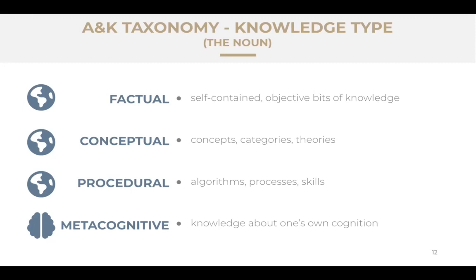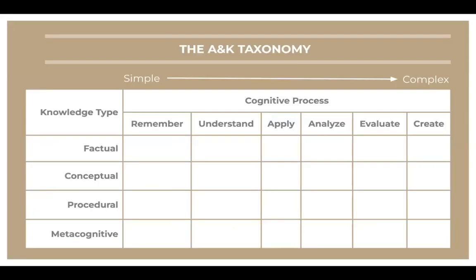And then metacognitive, which is internal, right? So metacognitive is how well you know something, or knowing what works for you in terms of learning and what doesn't work for you. So if you're thinking about learning objectives, you can think of them as this two-dimensional taxonomy, right? And so it's a table where the rows are the knowledge type and the columns are the cognitive process.